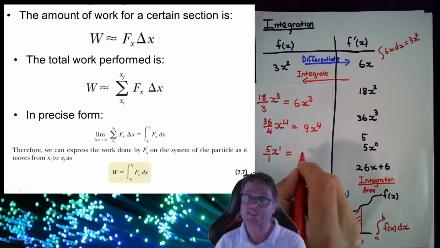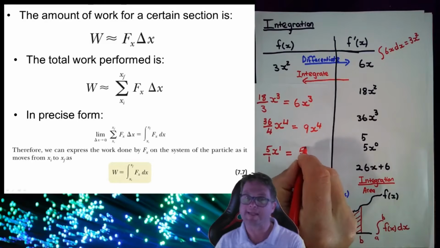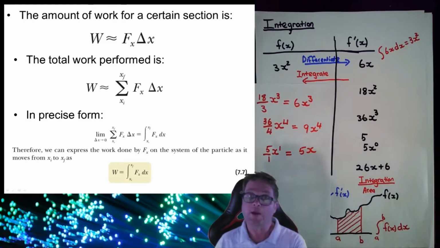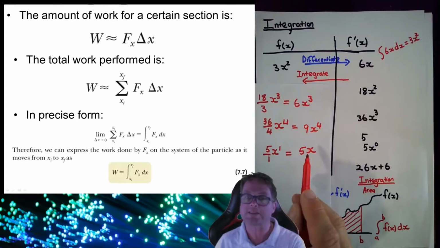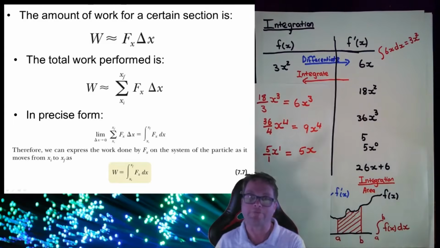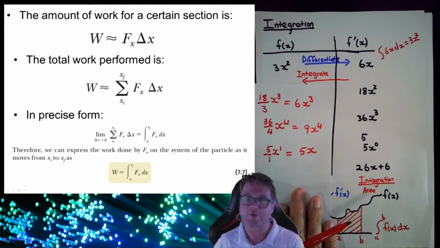This just gives us 5x. Having done this, if we differentiate 5x, of course this just becomes 5. So that's again a way to check that we've done it correctly.